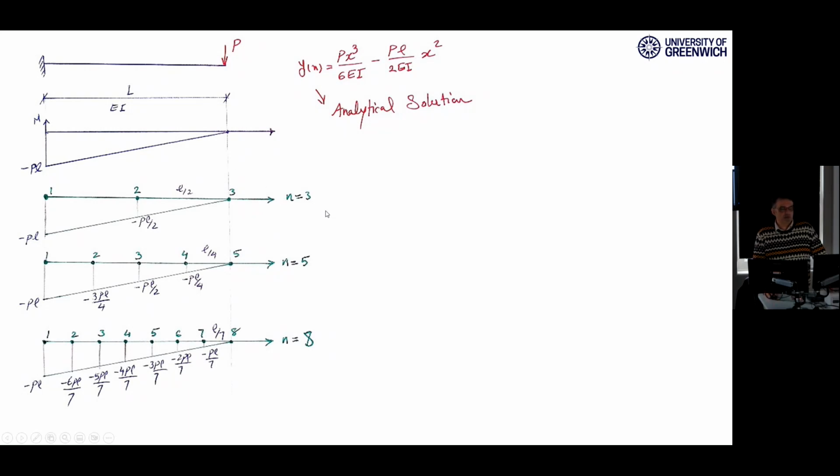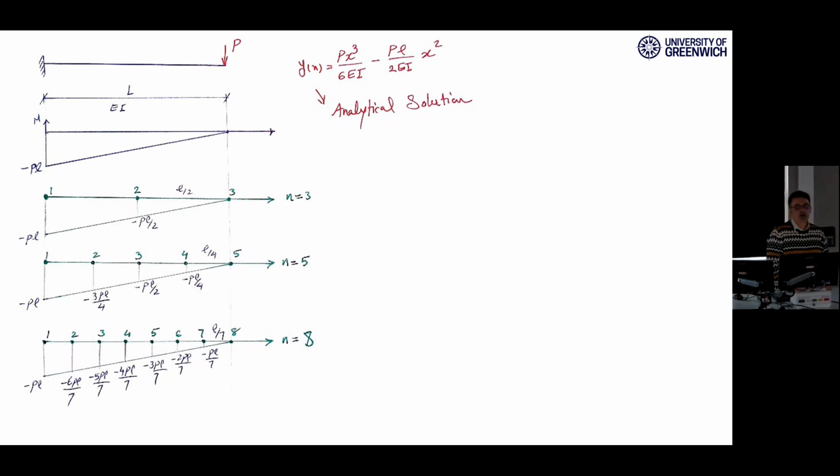So I start with 3, which is perhaps the minimum value you can imagine. Then I will try n equal to 5 and 8, just some arbitrary assumptions, and I will increase n to see what happens.